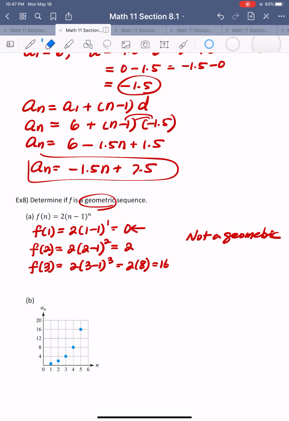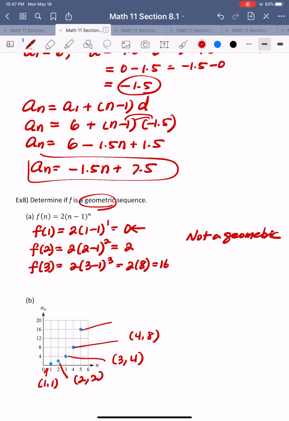So if you look at it, the first ordered pair is 1 and 1, then 2 and 2, then 3 and 4, 4 and 8, and this is 5 and 16, okay? So now you can see it's multiplied by 2, multiplied by 2, multiplied by 2, get 8, multiply again. So everything is multiplied by 2, right? So yes, it is geometric.